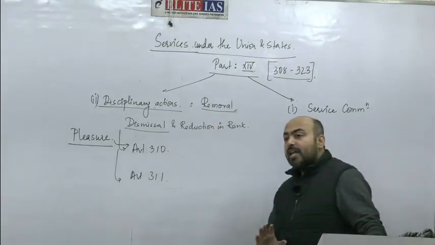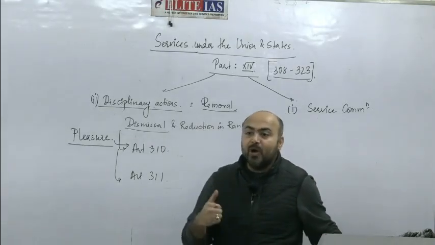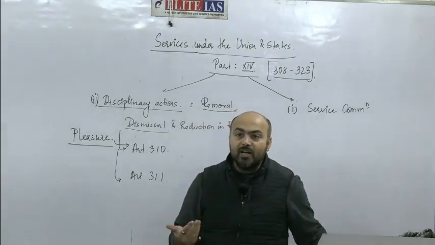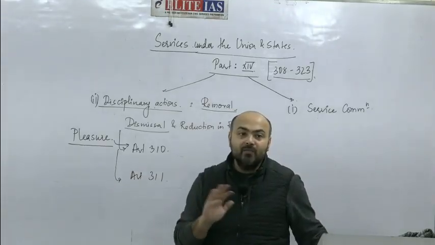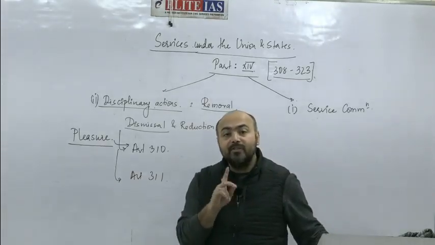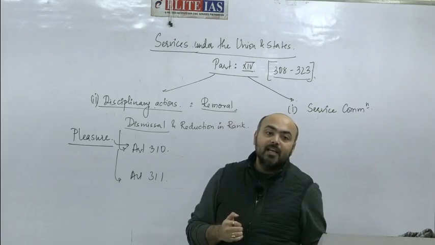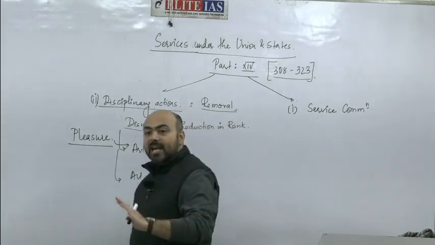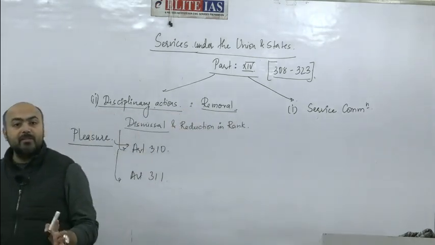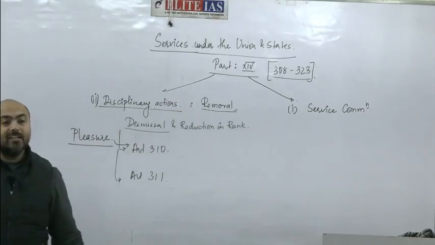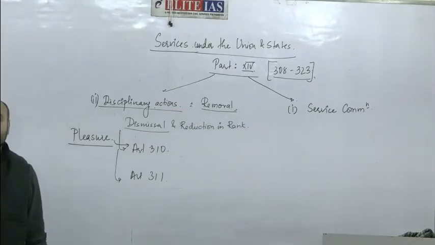Now, not every individual employed under the union or the state works under pleasure. I am talking about civil servants, which means there are certain offices that are exempted from the pleasure principle as well, like the judiciary or the judicial members.